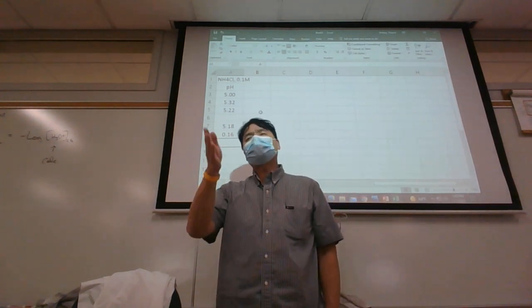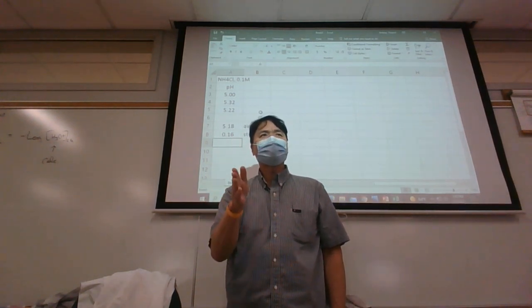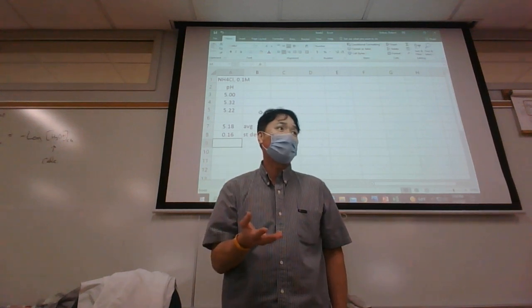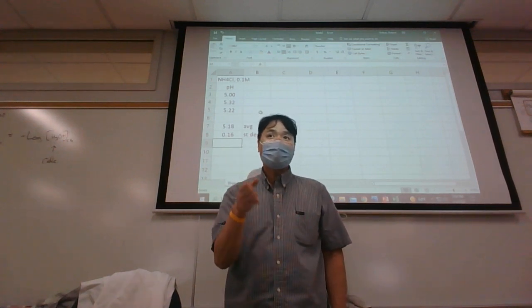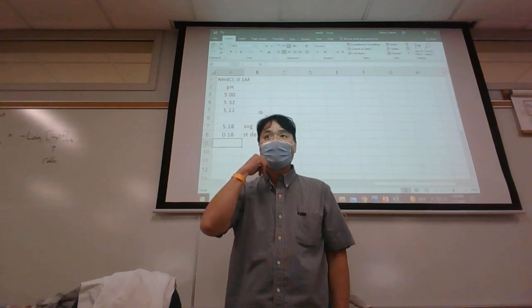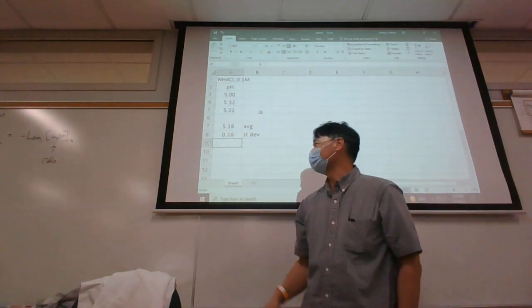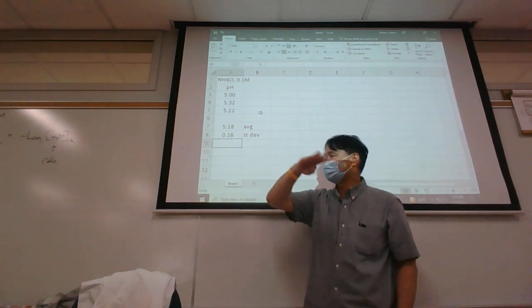If we took an infinite number of measurements, the average would be the true value, the actual pH. But did we take an infinite number of measurements of the pH of ammonium chloride? We didn't. So we're using some statistics, and the statistics is modeling this based on a distribution curve.